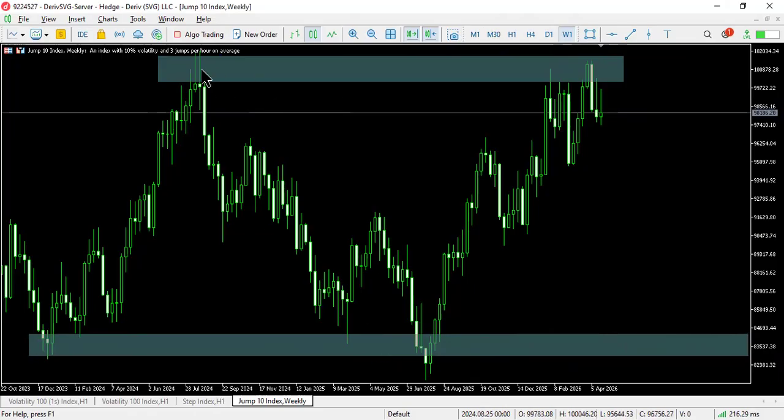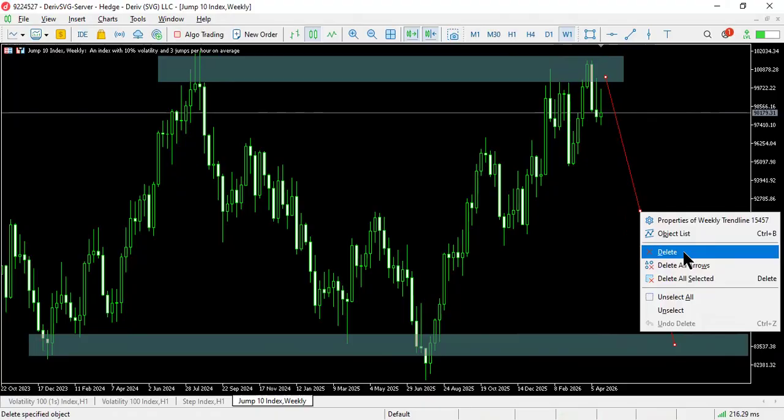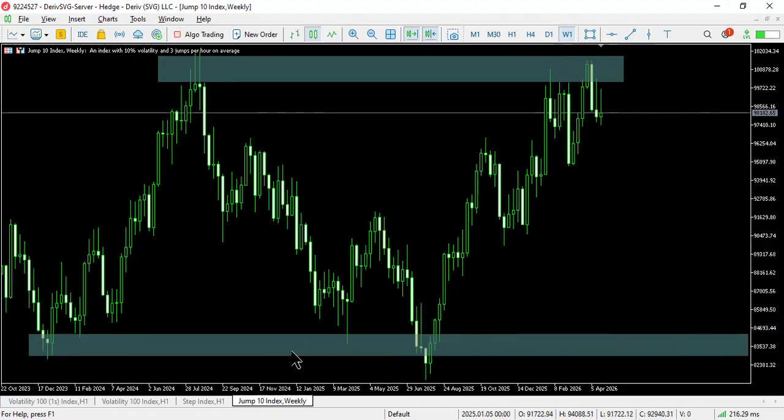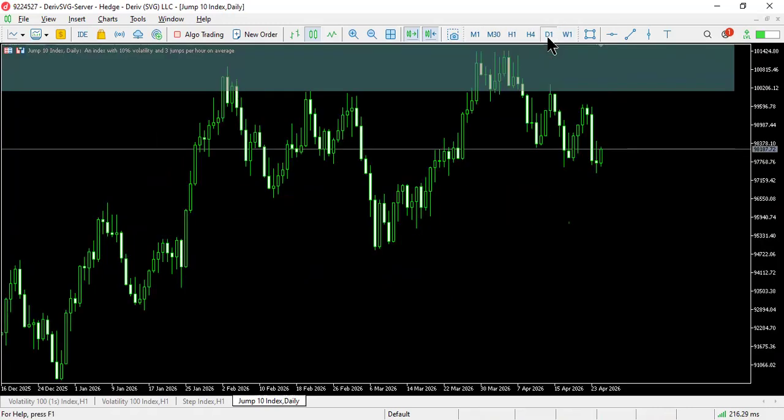So we can see this is quite a strong supply zone. We are here, therefore our bias is going to be to look for selling opportunities until this demand zone. Therefore, pretty much for the whole of this year, I'm going to be selling jump 10 index until I see buyers are ready to break through this supply zone. Otherwise, it's going to be bearish.